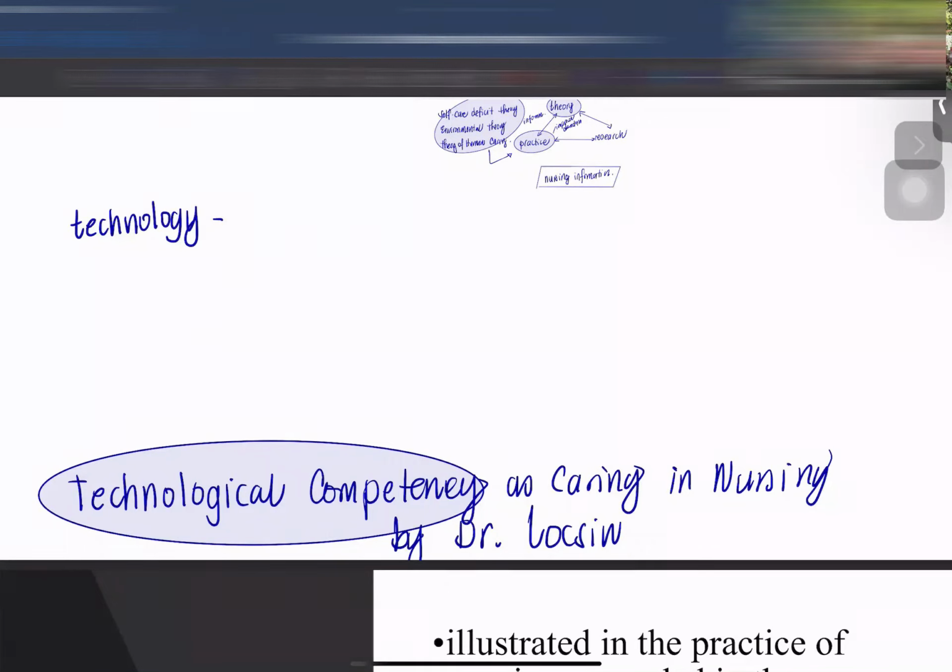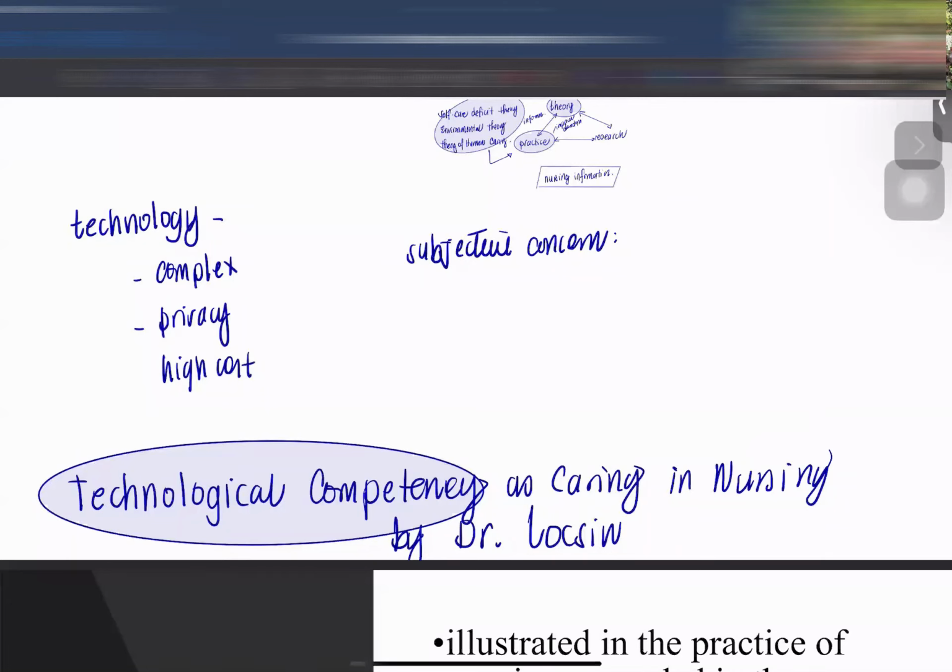Okay, technology is complex. Yes, that's one thing. What else? What's the common notion that we can hear? Yes, data privacy. Okay, data privacy is one of the concerns. What else? High cost. Yes, that's correct. Mataas yung cost. Pero ano ang usual na subjective concern of the patients when nurses are using technology?